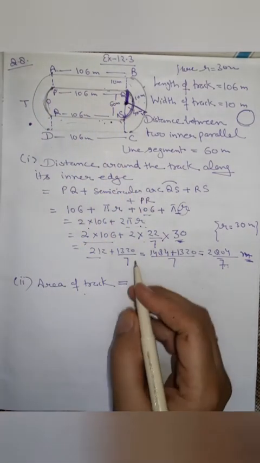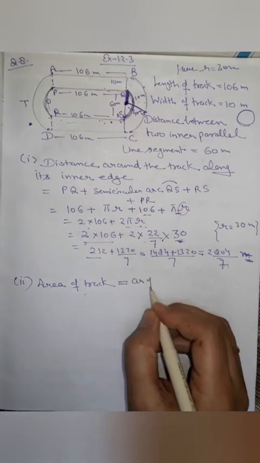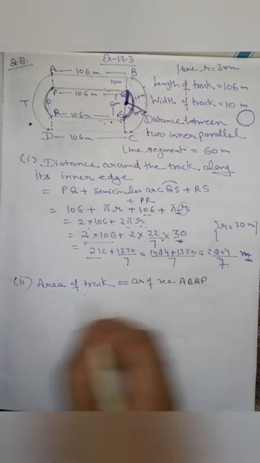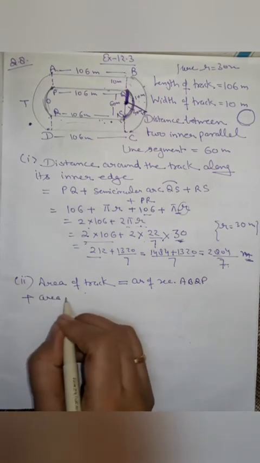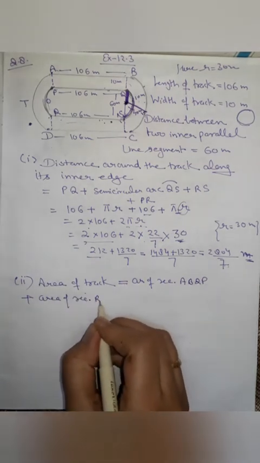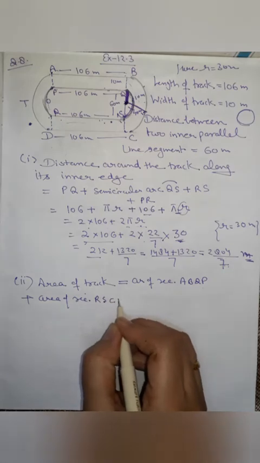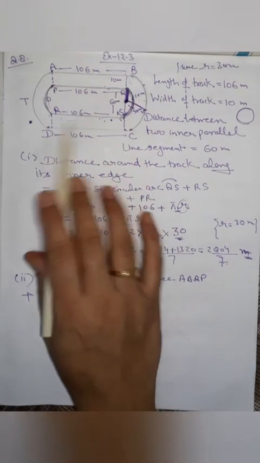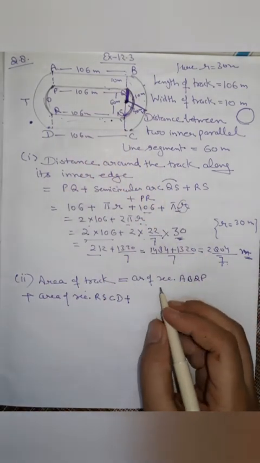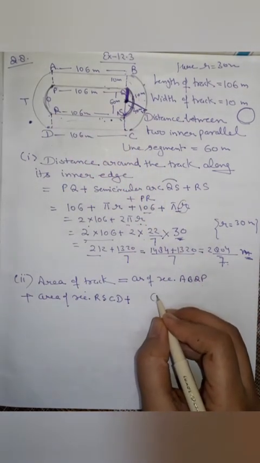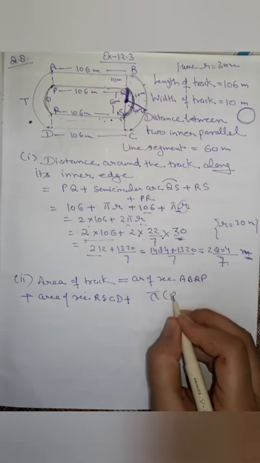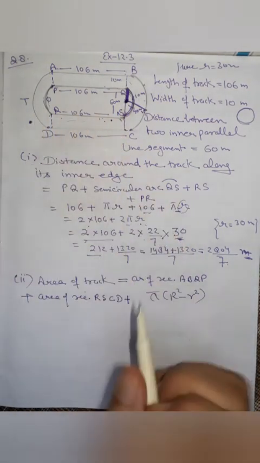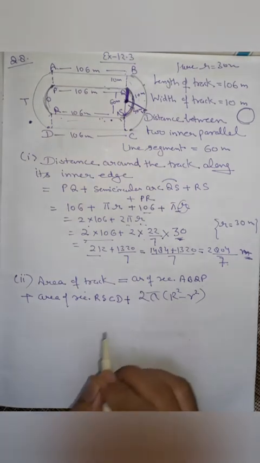So the area of the track will be equal to the area of rectangle ABQP plus the area of rectangle RSCD plus, as we can see here, two semicircular rings. So the area of one ring is pi R square minus r square, and there are two rings, so multiply it by 2.